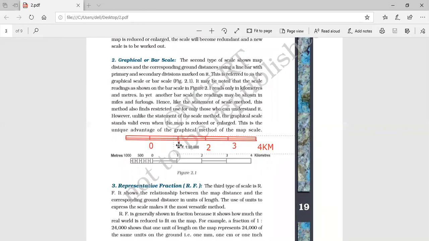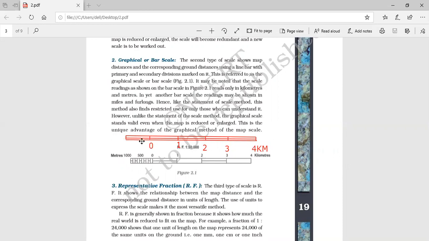Now let me arrange this. So this is okay with this line. Now this one, this line. Now okay, it has come here. So these are 4 kilometers we have shown.